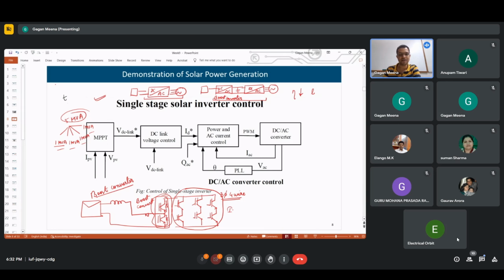For that we need this angle information, and it is provided by this PLL. Whatever voltage is at the point of common coupling will be the input for the phase locked loop, and it will provide us this theta, which will be used to convert ABC into DQ quantities. So is it clear?